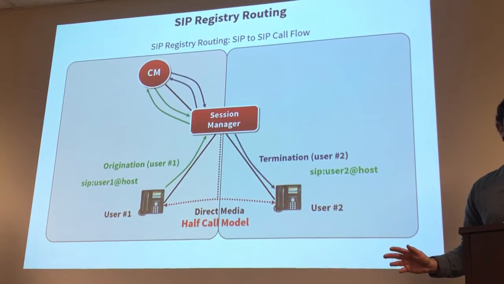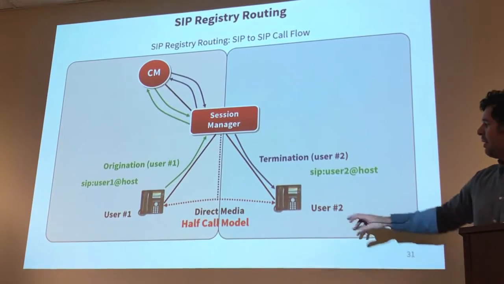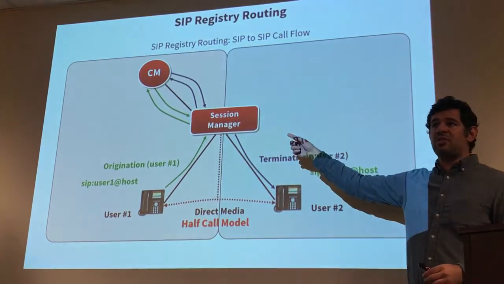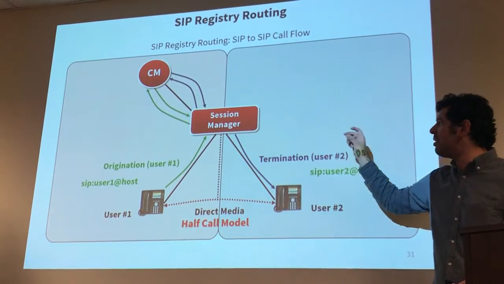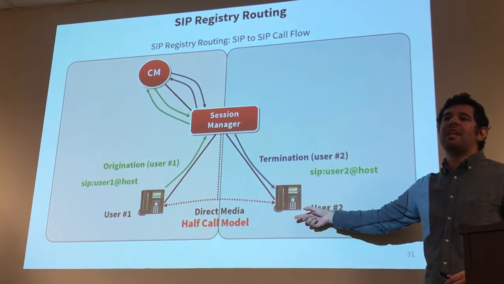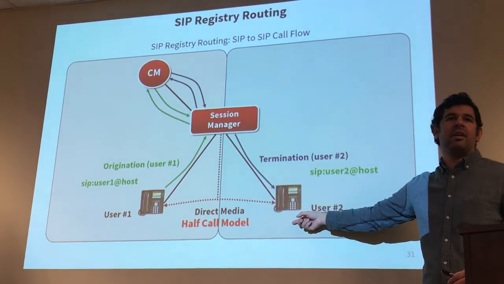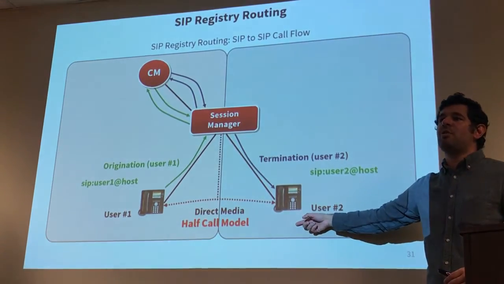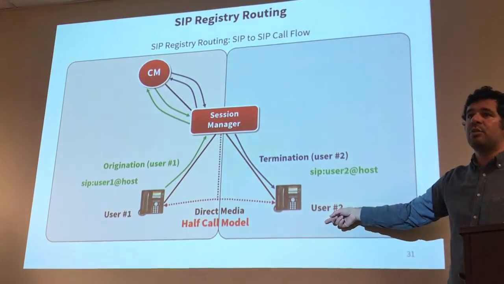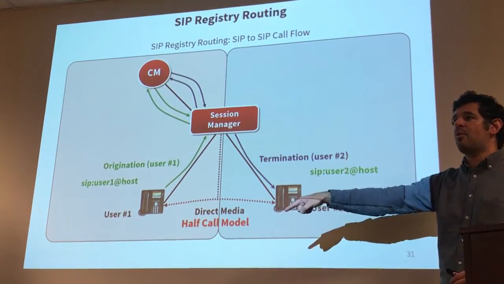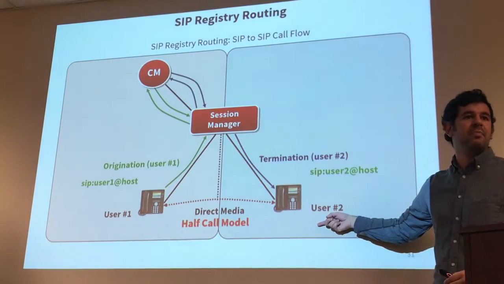Okay? The reason why you don't have to do anything is because when user 2 registers with session manager using that user profile created in session manager, then session manager knows the IP address of this user. Not only the IP address, but also the SIP URI. So every time someone tries to reach that user, session manager simply proxies the request to that IP address.